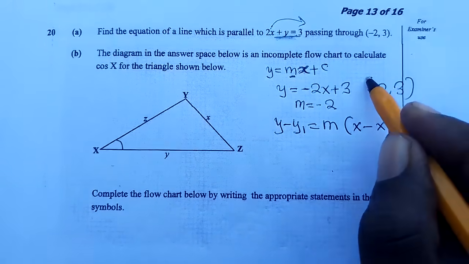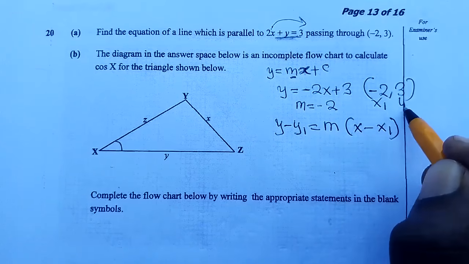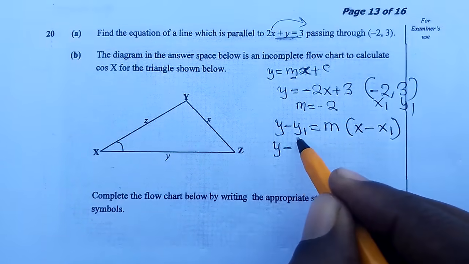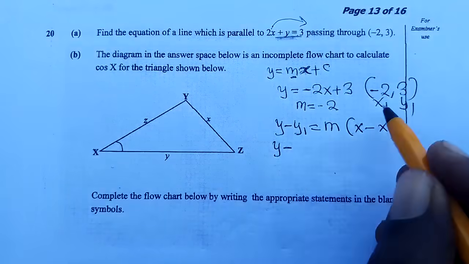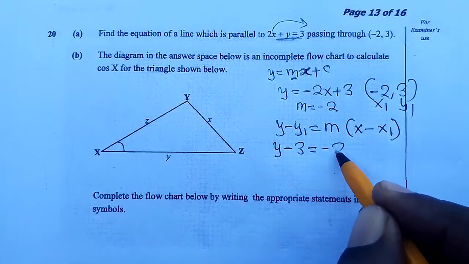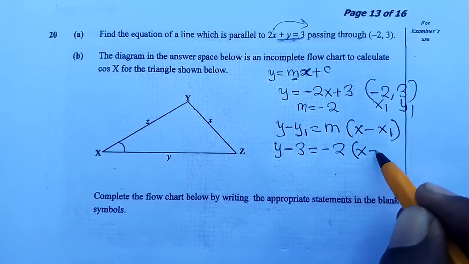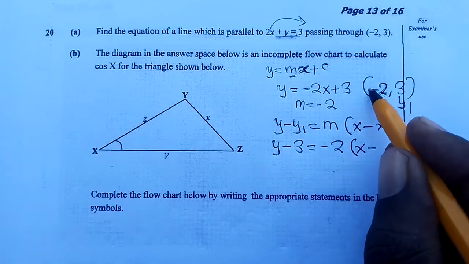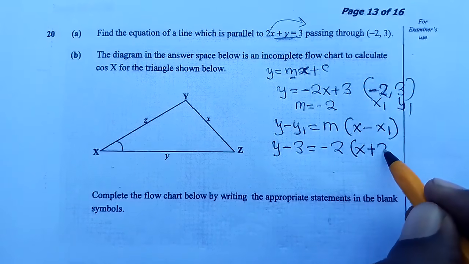So this is x1, this is y1. You say y minus 3, which is equal to the gradient, negative 2, times x minus, what is your x1? Negative 2. Since there is a negative and a negative here, we're going to have positive 2.